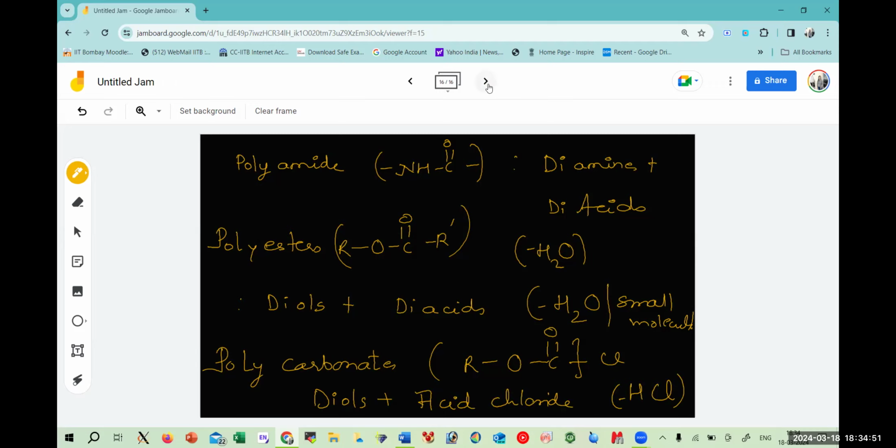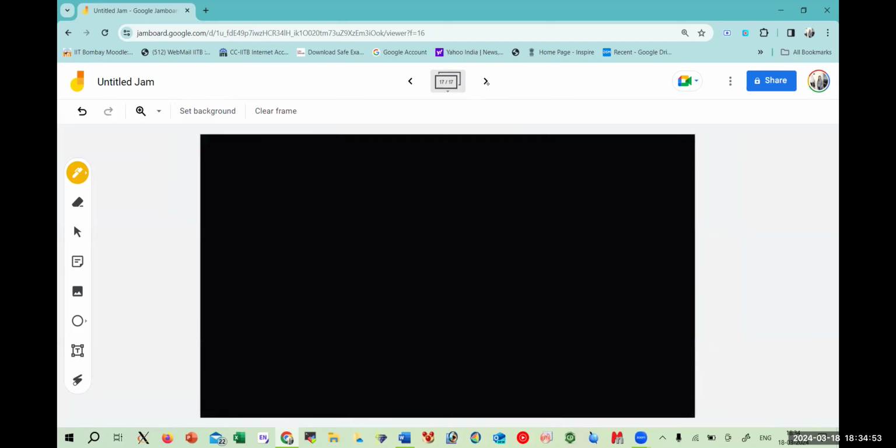Now we will move to the next type, which is the addition polymers. So addition polymers is just the addition of the monomers with no loss of small molecule.